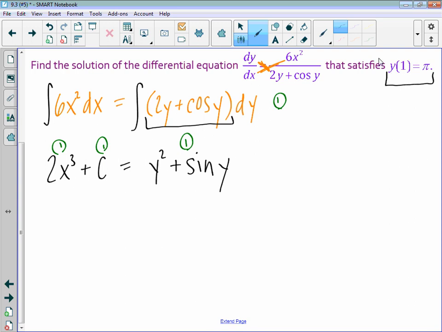Okay, it says it satisfies y of 1 equals pi. So this is your initial condition, and we've worked with these before. This is saying that my x is 1 and my y is pi. And what you do is you plug that in and solve for what the plus c is. So I'll give you guys a minute head start there.